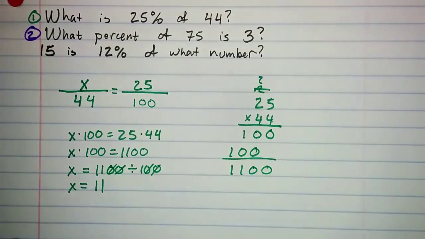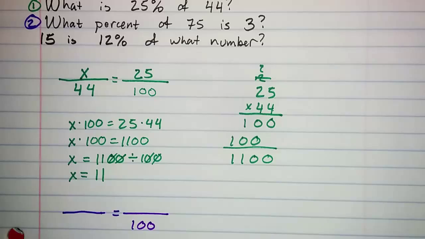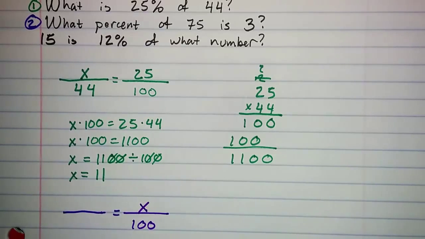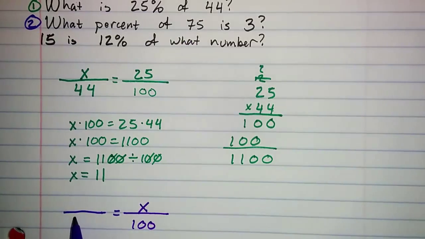Second question. What percent of 75 is 3? So the question, what percent, tells me that the percent is what I'm looking for. Of 75, 75 is the base, so 3 is the part. Now what?